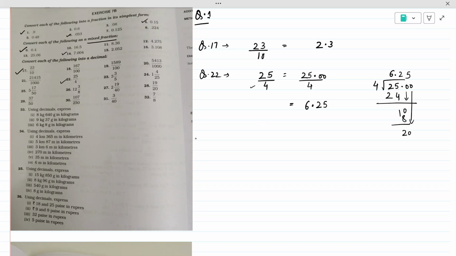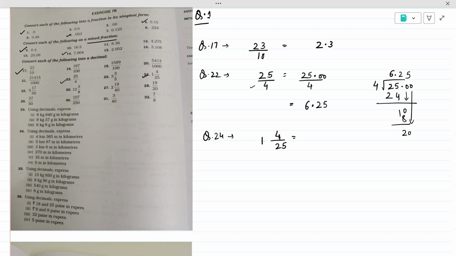Now let me do question number 24, where a mixed fraction is given to us. So this is 1 4 divided by 25. Let us first try to change it to a normal fraction. And what is the formula? Multiply the divisor with the remainder. 25 into 1 is 25.